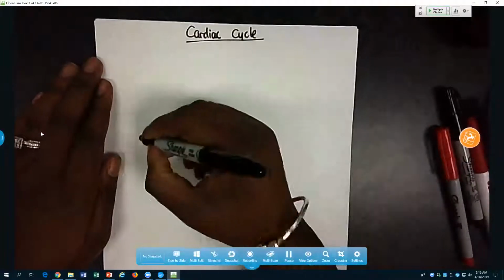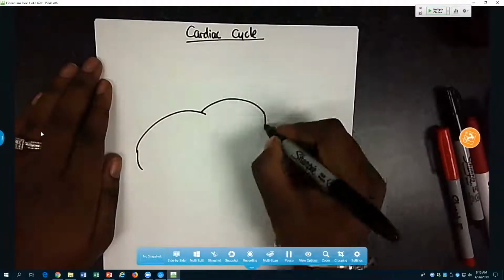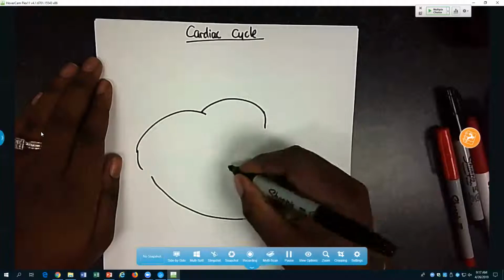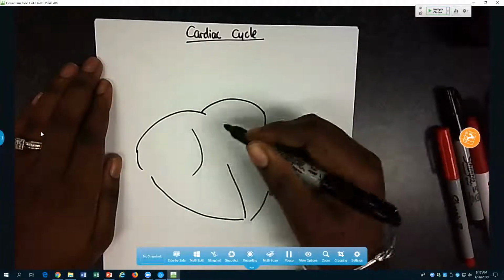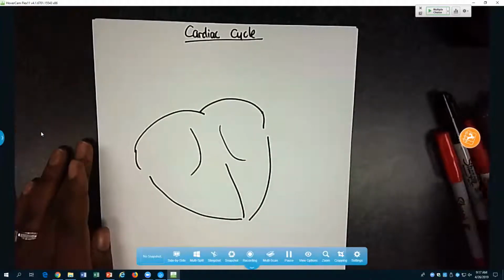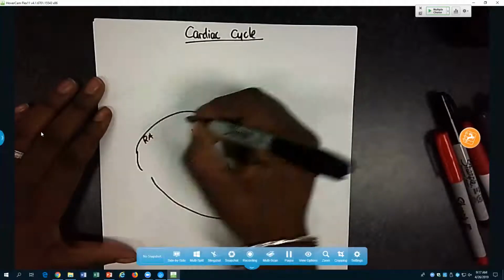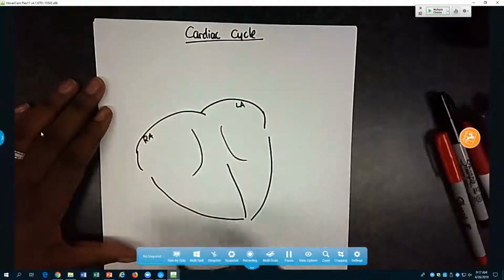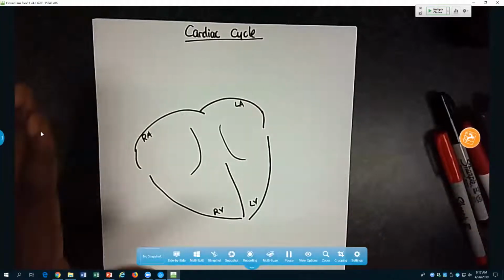Okay, so when we draw the heart, we'll draw four chambers. All right, so our four chambers: right atrium, left atrium, right ventricle, and left ventricle.